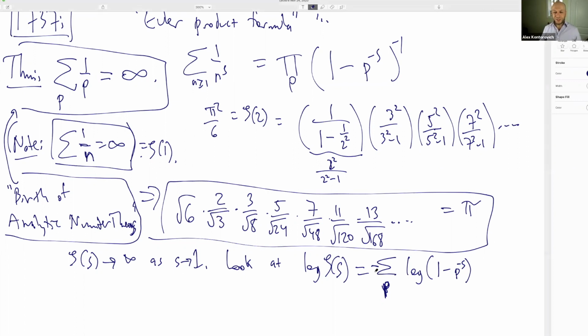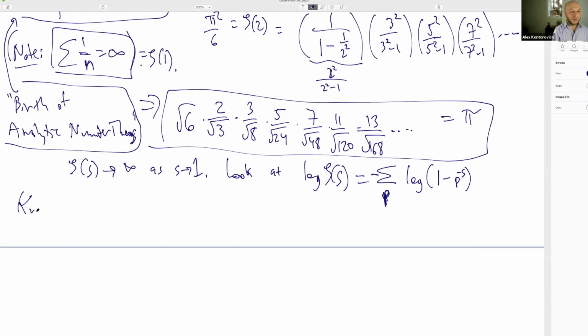He knows the series expansion. He knows that negative log of 1 minus x, if x is small, let's say less than a half in absolute value or something, he knows the expansion. What is it? x plus x squared over 2, I think this is right, plus x cubed over 3, no factorial, plus x to the 4th over 4, and so on.